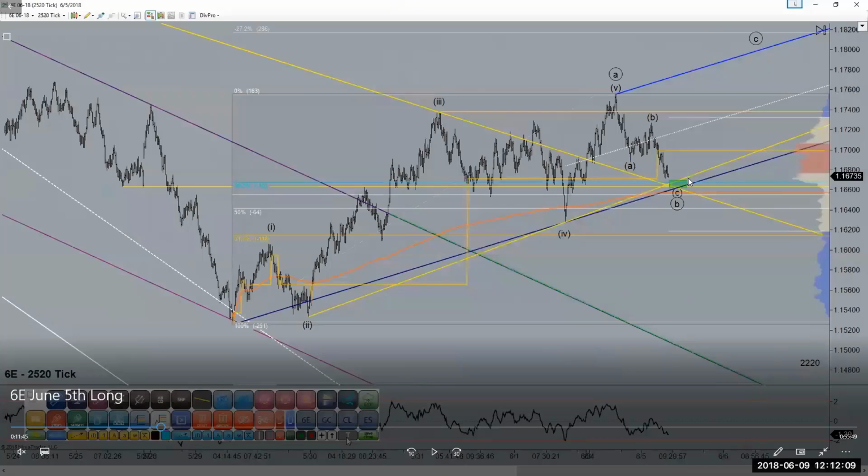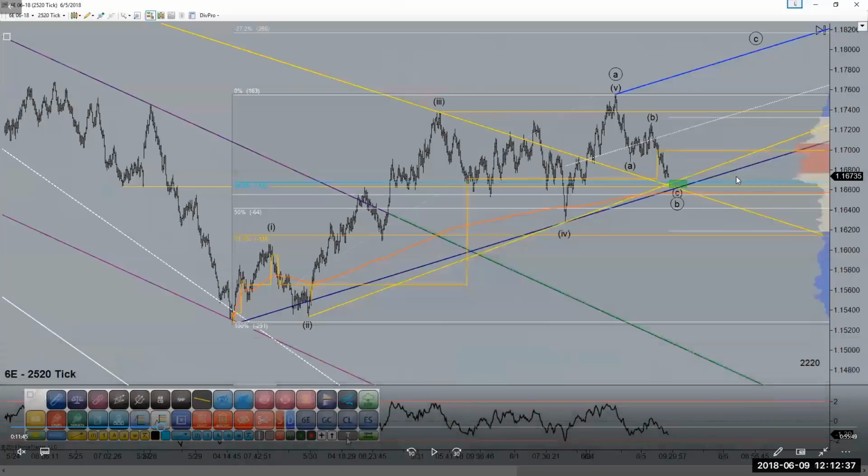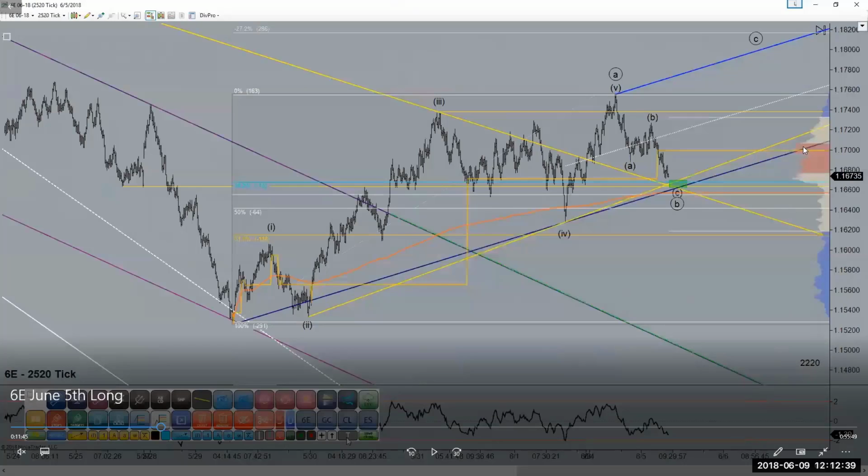Now, how far that rejection is going to go is really, I would say, a function of the market geometry and the kind of pattern that it's in. So in this case, we've had that major swing low and we're turning up. We need one more wave up. So we're much more likely to turn up from a break below this value area low than we are to turn down from another break back up above this value area high, you see?